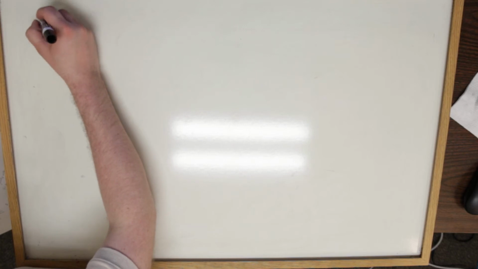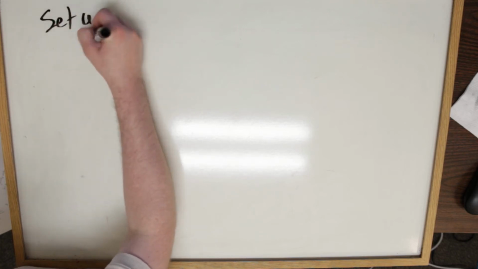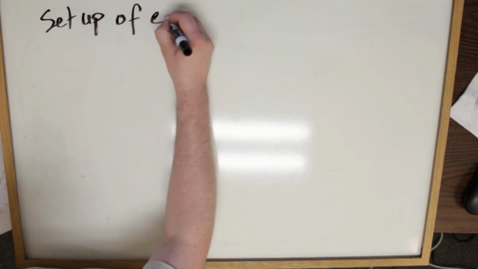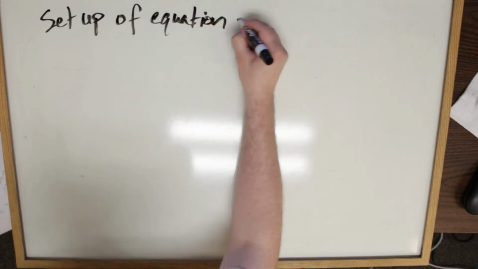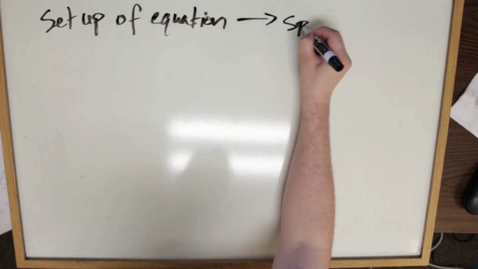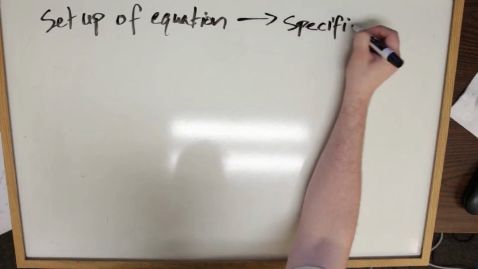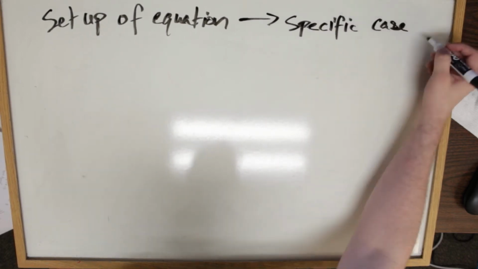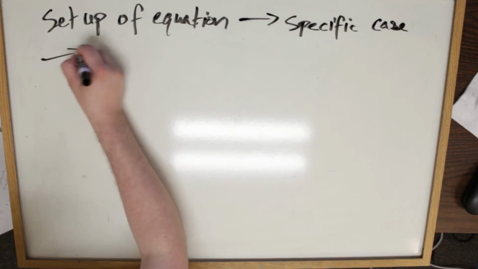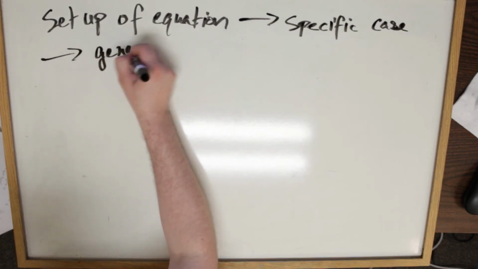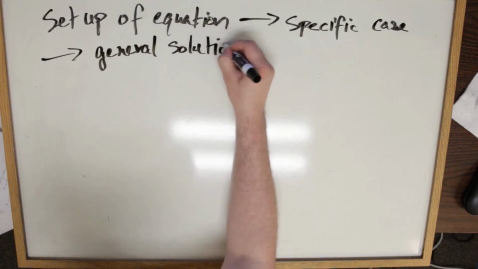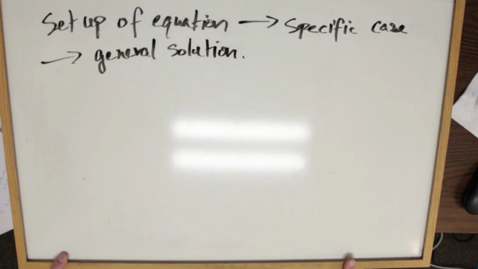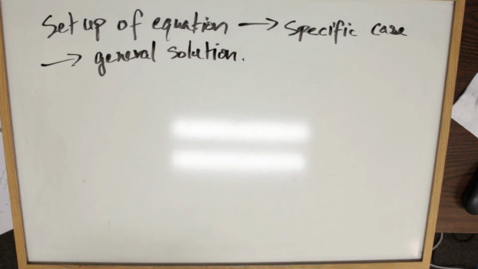You'll have your setup of equation, that's what we just did. Then they'll give you a specific case, and then they'll ask you to find a general solution. So that's how a lot of these are going to work. You've got 3 steps: the setup, the specific case, the general solution.